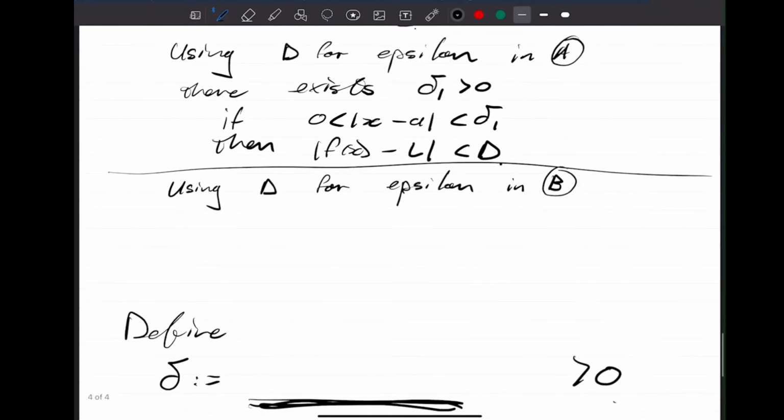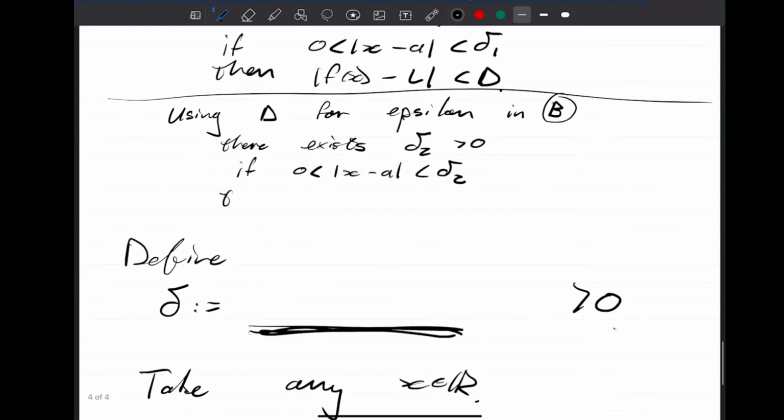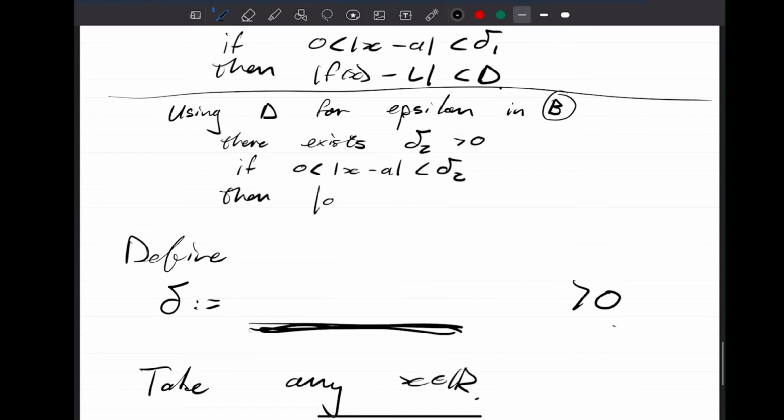And we'll put a different sticker on this delta. So there exists a delta 2 greater than 0, so that if 0 is less than absolute value of x minus a, less than delta 2, then absolute value of g of x minus m is less than d.